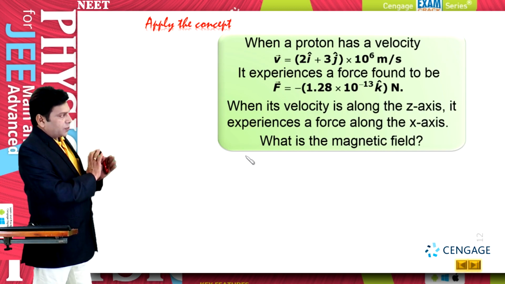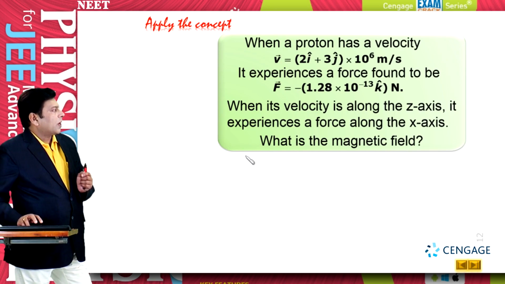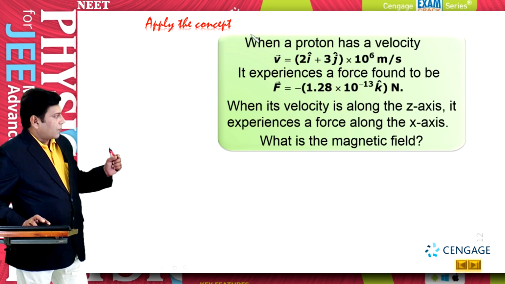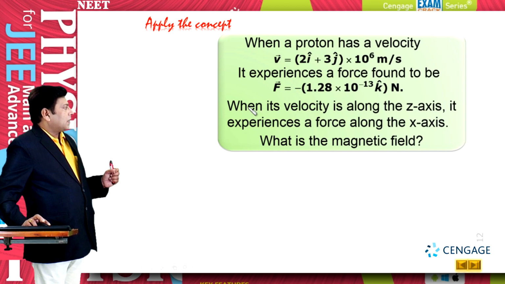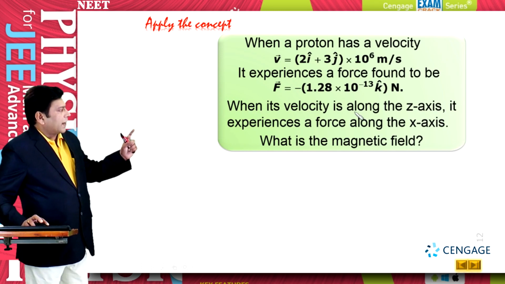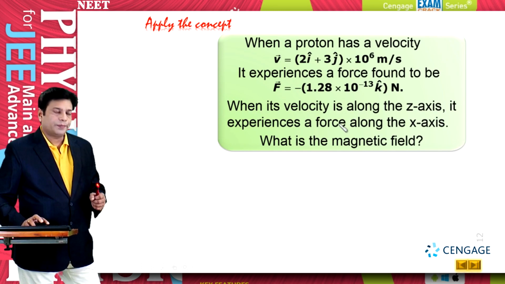If you observe this problem, you can see two situations are given about the velocity and force. In the first part, the velocity's magnitude and direction is given, and so is the force. And in the second paragraph, the direction of the velocity and force are given.